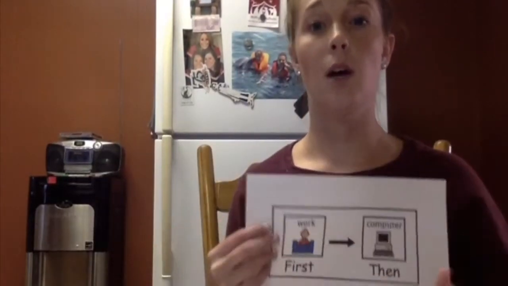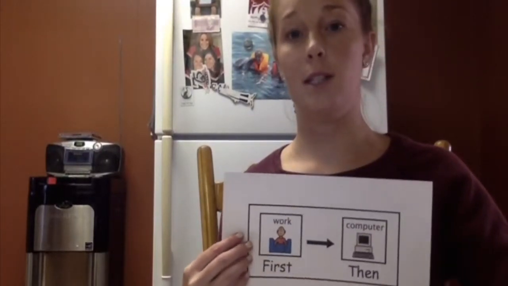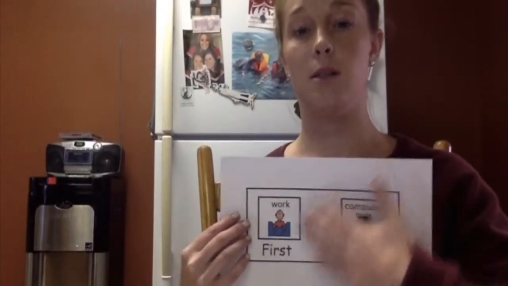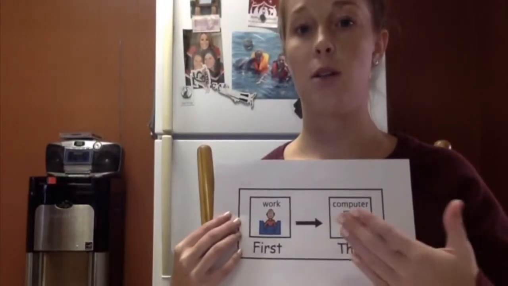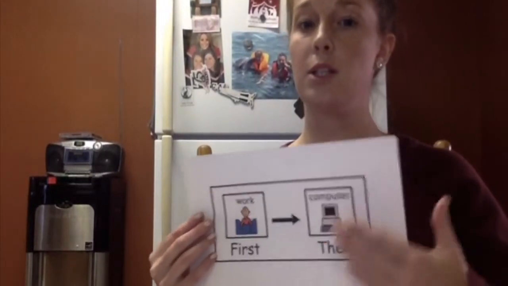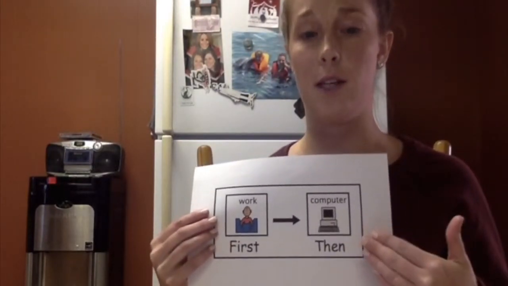So now you may be wondering, how exactly would you implement a first-then board? So I'm just going to use our first example here. So the IT would have a few options of different things that the learner could complete. So here they chose work. So the IT would take the picture and they would place it right here under the word first, and then they would instruct the learner to then choose a preferred activity, and they would have a variety of different things they can choose from.